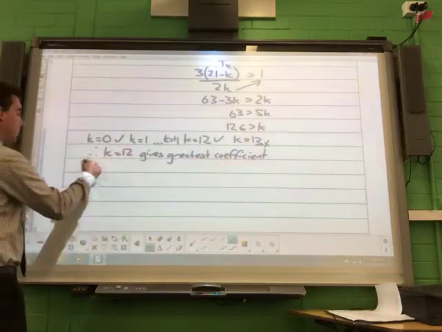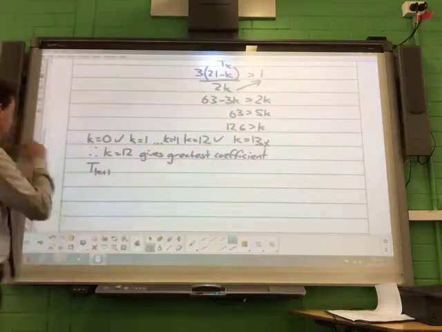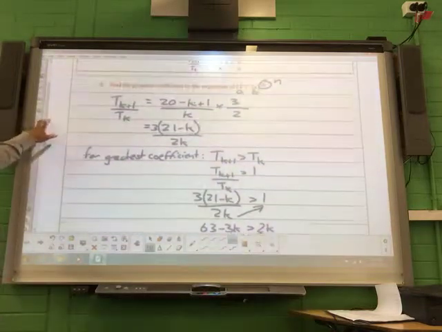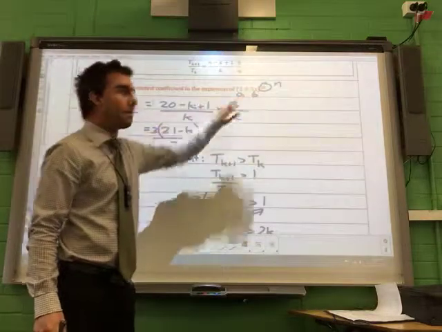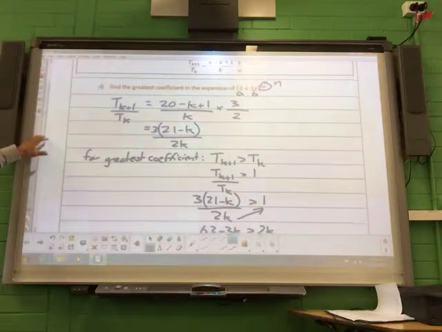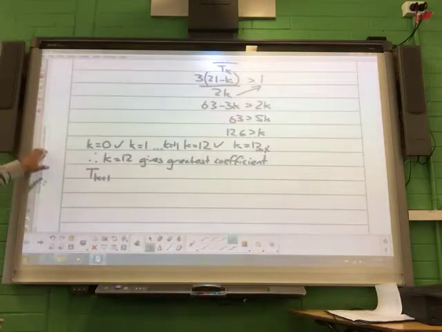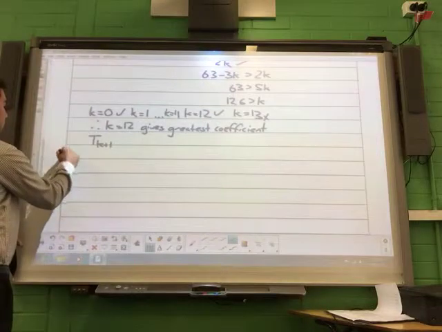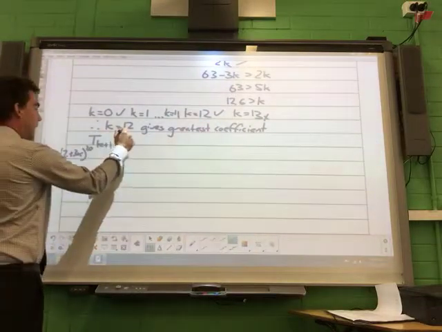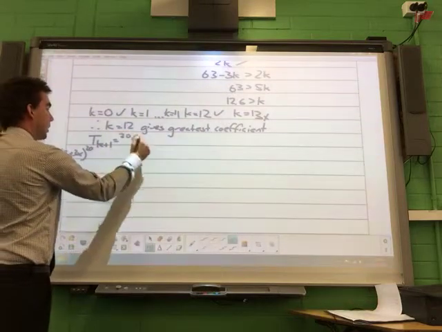Right, so our general term, which we've already written, when we do the expansion of that, our value for k is 12. The (2 + 3x)^20. Okay, so it equals 20C12.